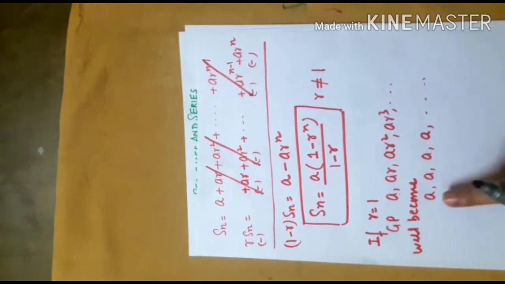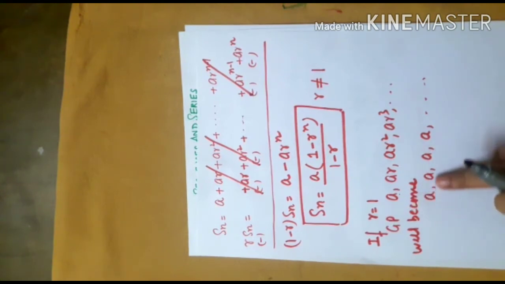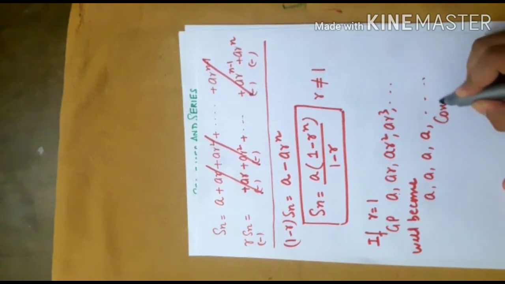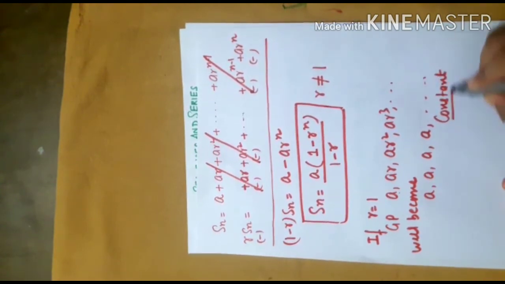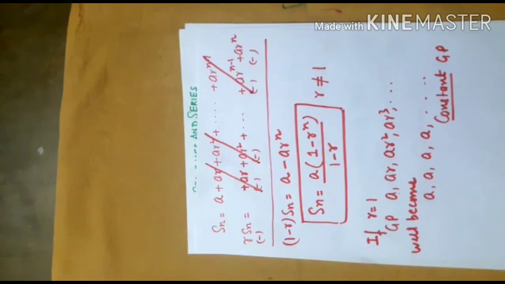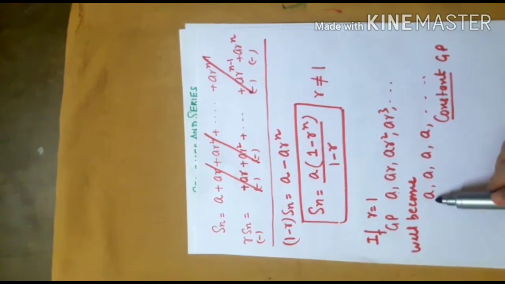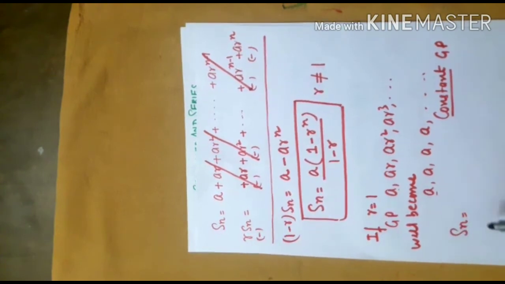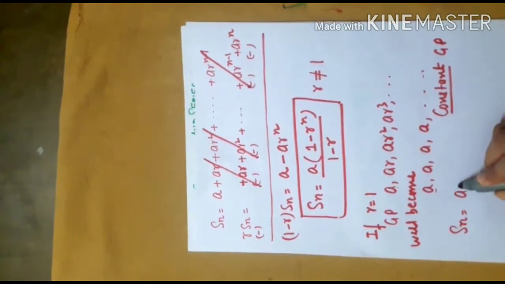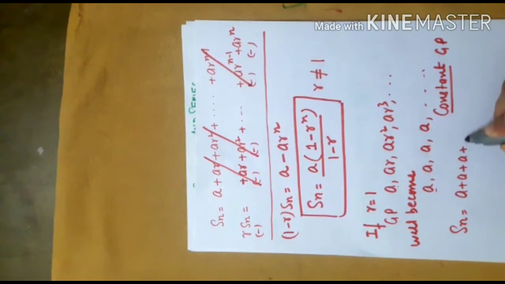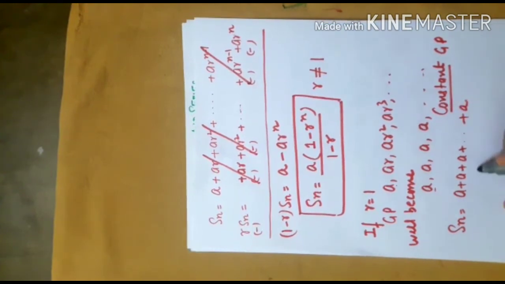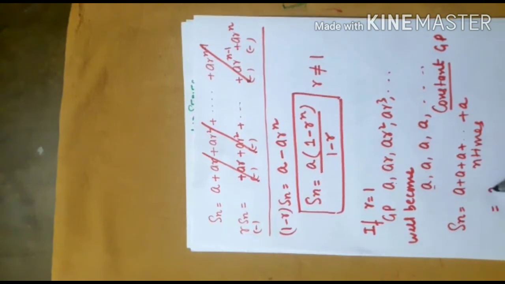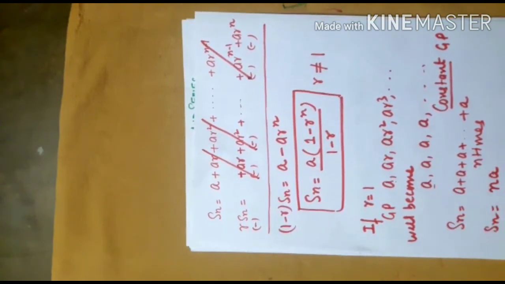That means each term of the GP will be a because r is 1. We call such a GP a constant GP. Now, if each term of the GP is a, what will be the sum of first n terms? That is a plus a plus a, so on till a. How many times? n times. The sum will be equal to n a.